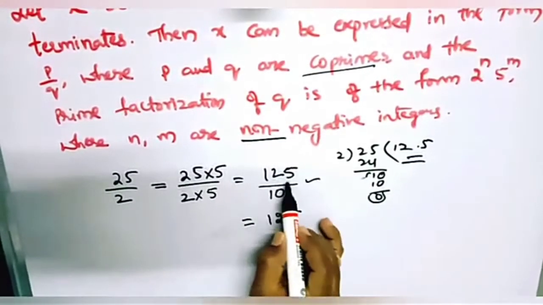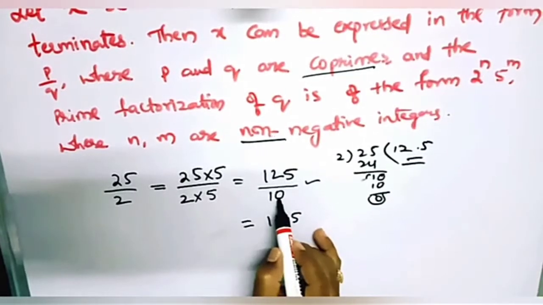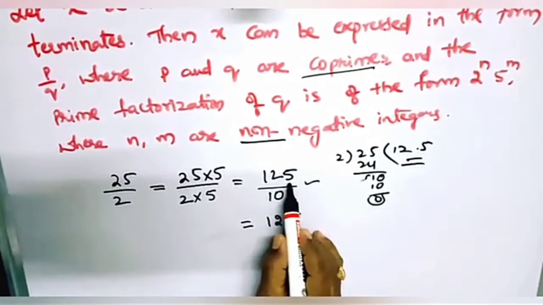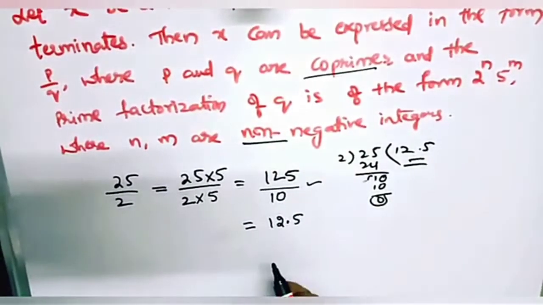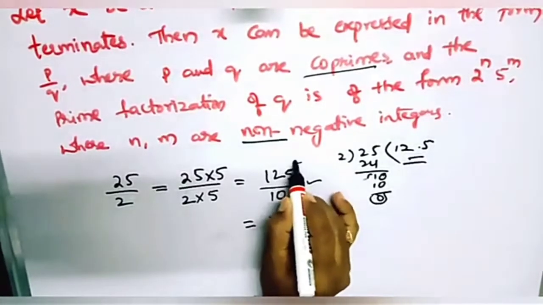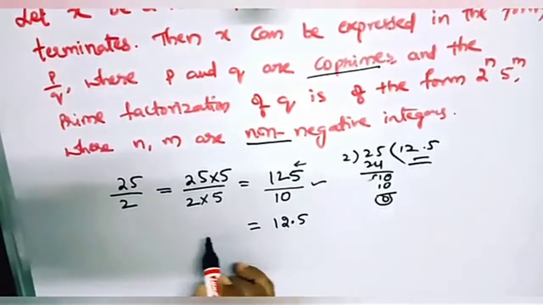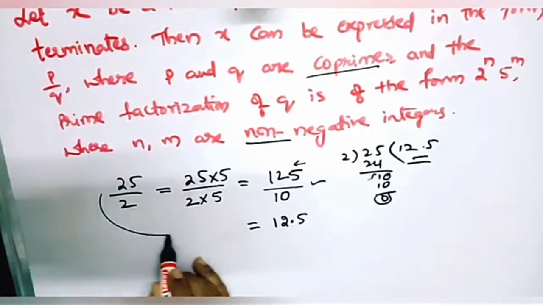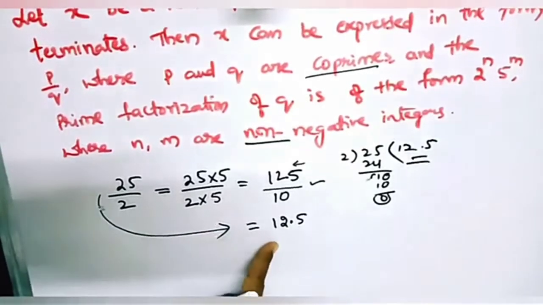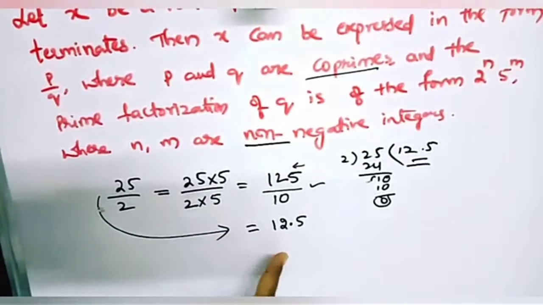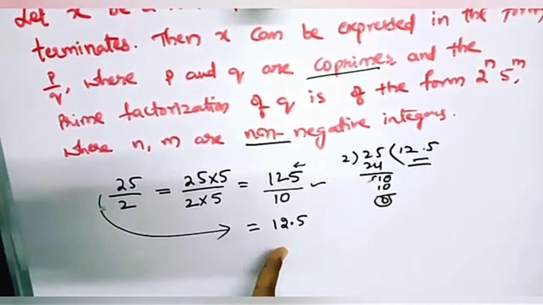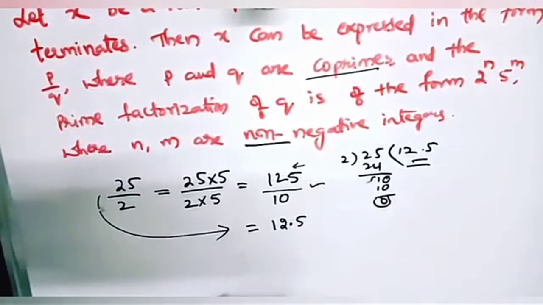First write the number, then since there is 10 in the denominator, keep the decimal point after 5. You should count the decimal places from the right side. Now look here, 25 by 2 is a rational number, and its decimal representation is 12.5. So this is a terminating decimal number.